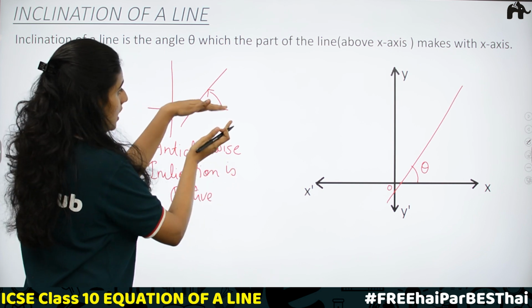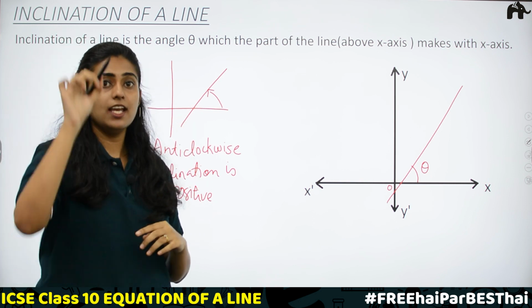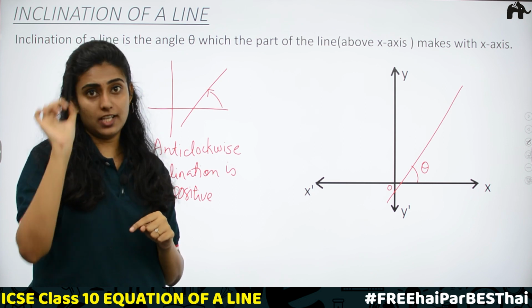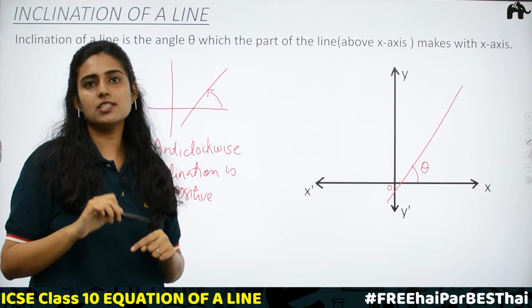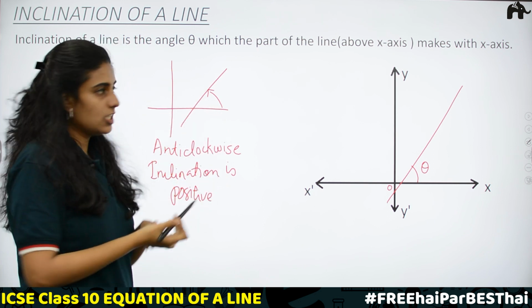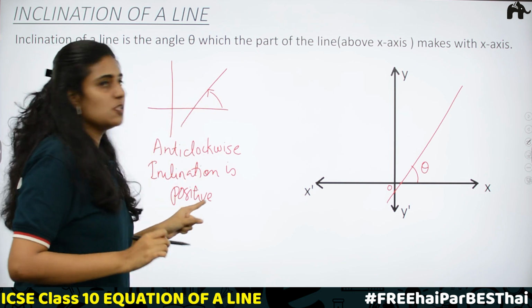That is, we are measuring in the anti-clockwise direction. You know the clockwise and anti-clockwise direction. The direction in which the needles in a clock rotate is clockwise direction and the opposite is anti-clockwise direction. So, this measurement is in an anti-clockwise direction. When you measure in anti-clockwise direction, the inclination is positive.